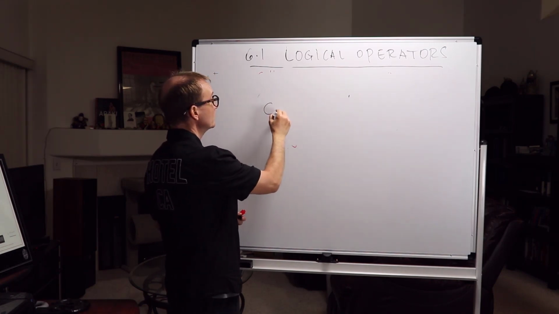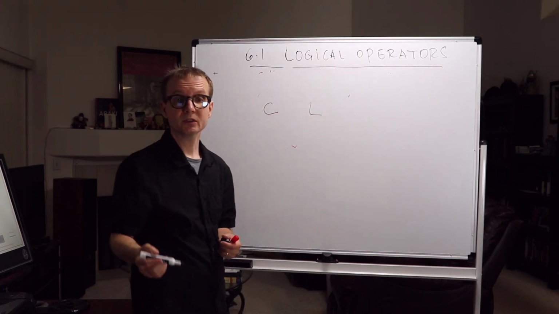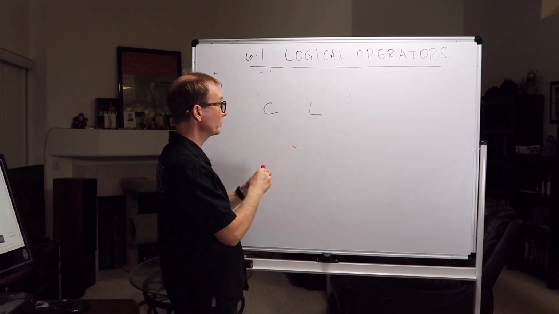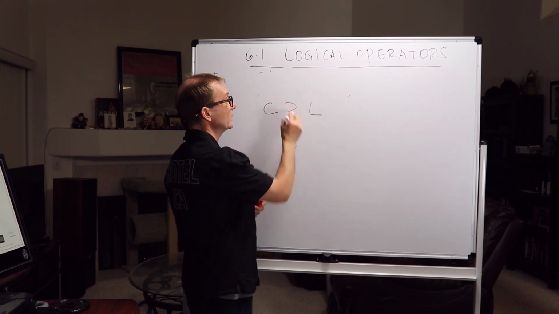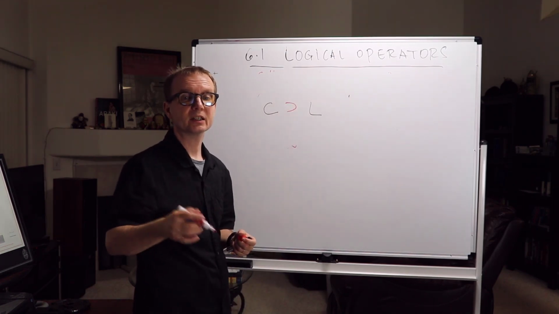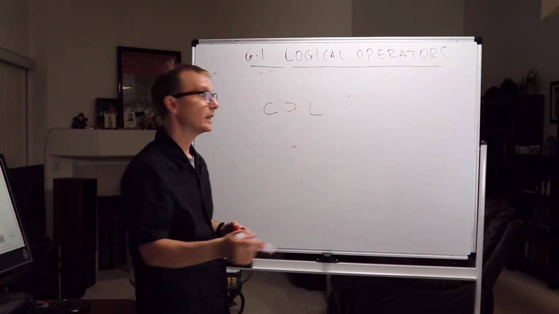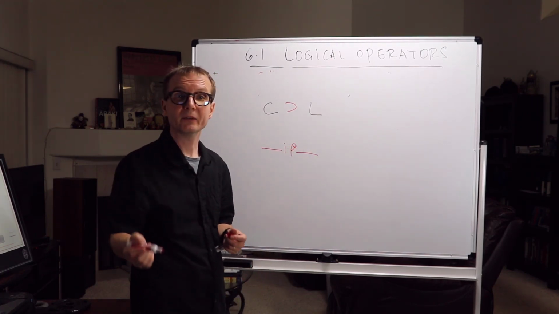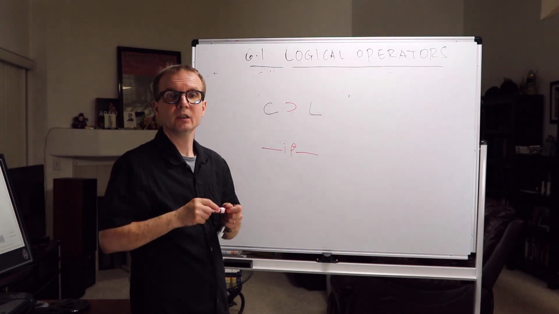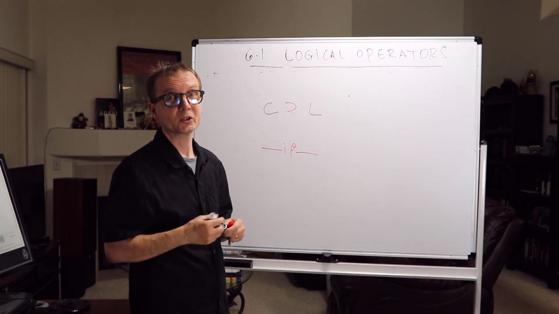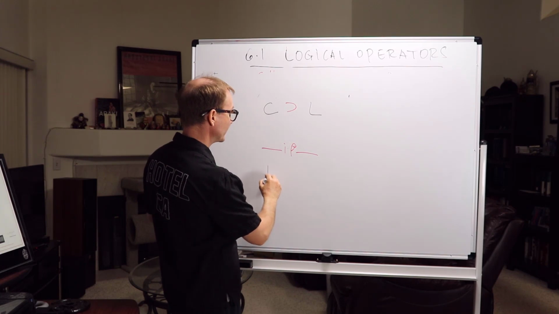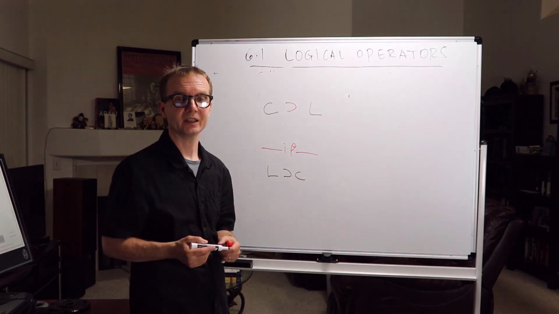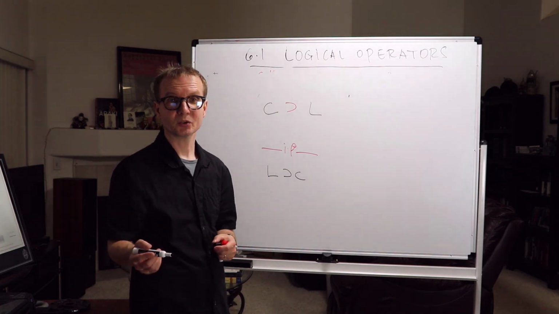So let's say this is C and L. Very often students make a mistake right away because they put a horseshoe between them and say if C then L. But remember, it says Chanel has a rosewood fragrance if Lanvin does. It has blah blah blah if blah blah blah. So you have to switch them around. This is where you get tripped up. The correct answer is if L then C, rather than the other way around. So pay attention to that.